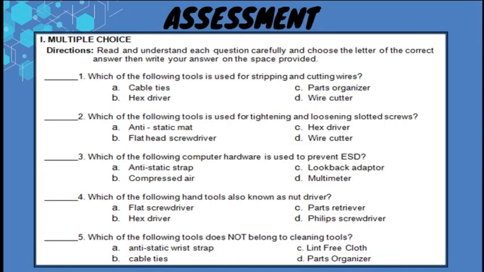For your assessment 1, multiple choice. Directions: Read and understand each question carefully and choose the letter of the correct answer, then write your answer on a clean sheet of paper.